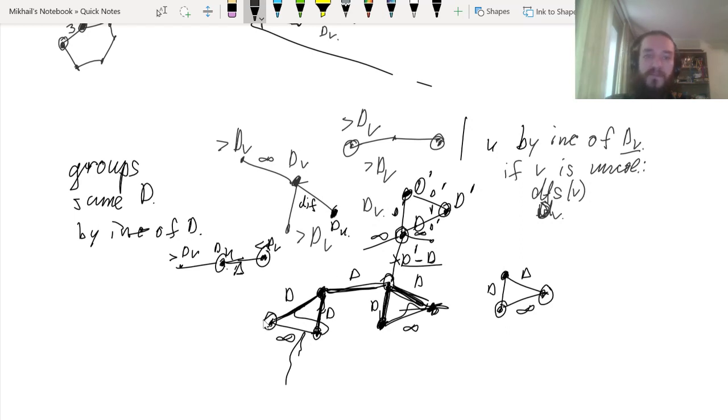So if the first one is black, then its neighbors are all white. If this one is white, then all its neighbors are black in the spanning tree. Then all its neighbors are white, and so on. So that would resolve the entire component.